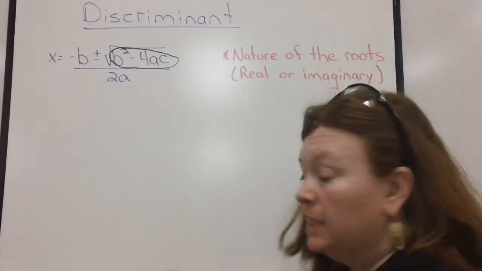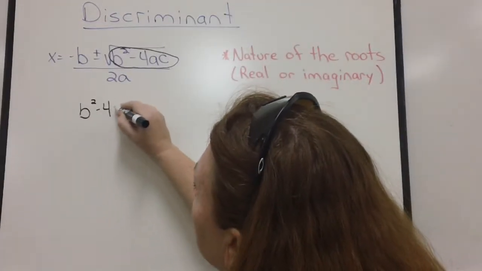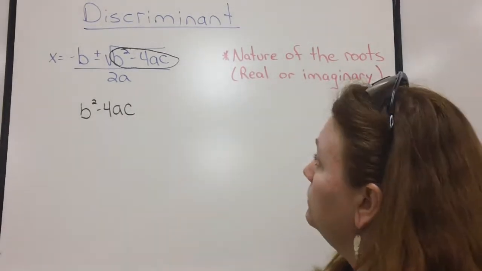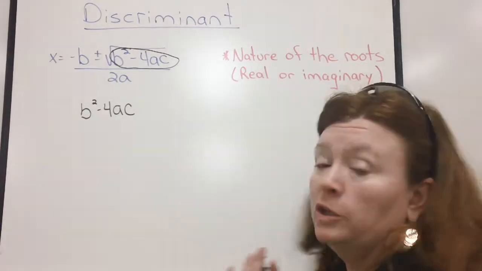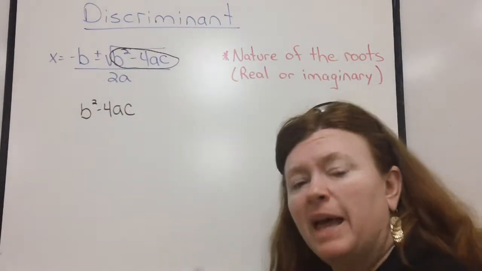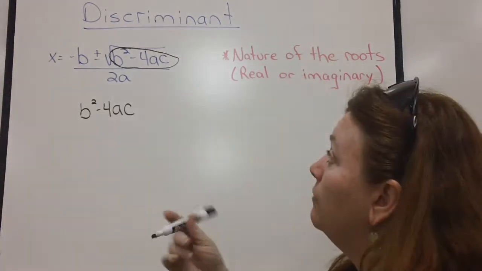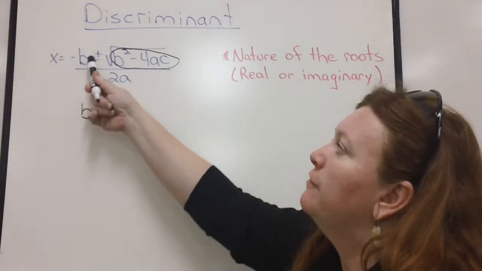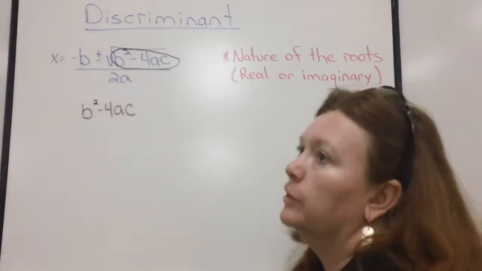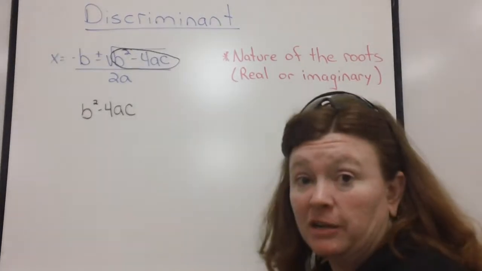The discriminant is b squared minus 4ac. That's what we're going to focus on today. When you're looking for the discriminant, all you're doing is finding out what is b squared minus 4ac. Now, if that happens to give me a negative number, then I know I'm going to have, let's say, 5 plus or minus the square root of negative 10 over 2. Well, that square root of a negative means I'm going to have imaginary answers.